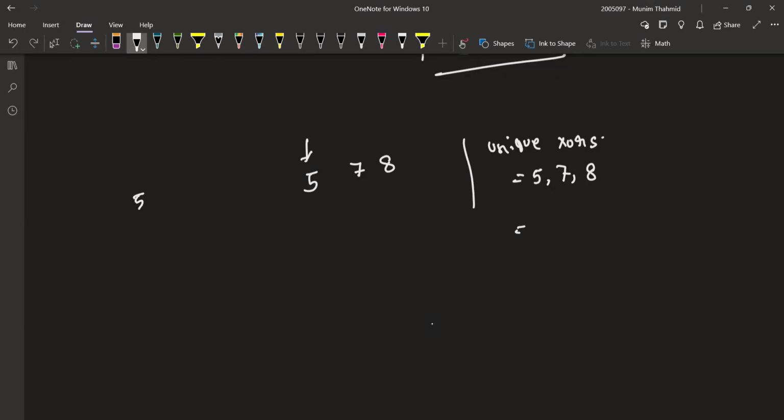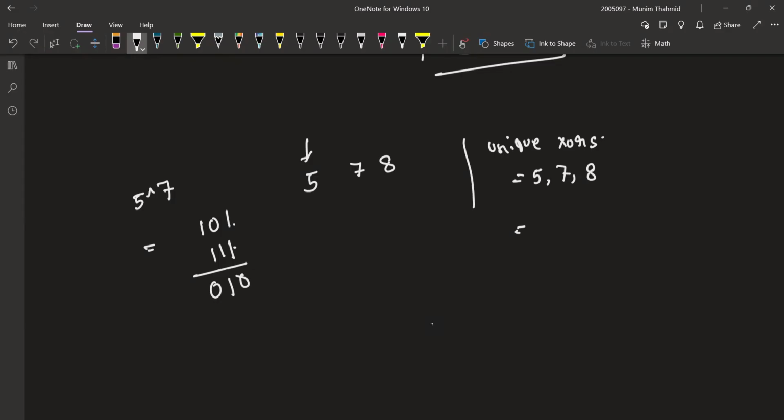What can it do? So 5 XOR 7. What is that going to give us? 5 is 1, 0, 1. 7 is 1, 1, 1. When you XOR, it becomes 0, it becomes 1, and we get 2.